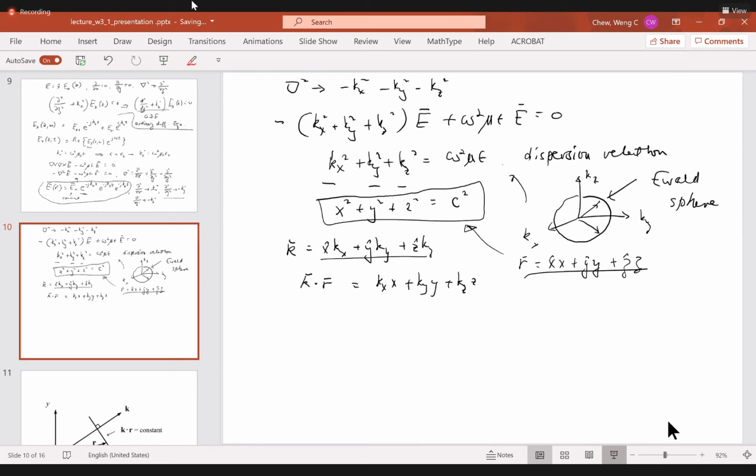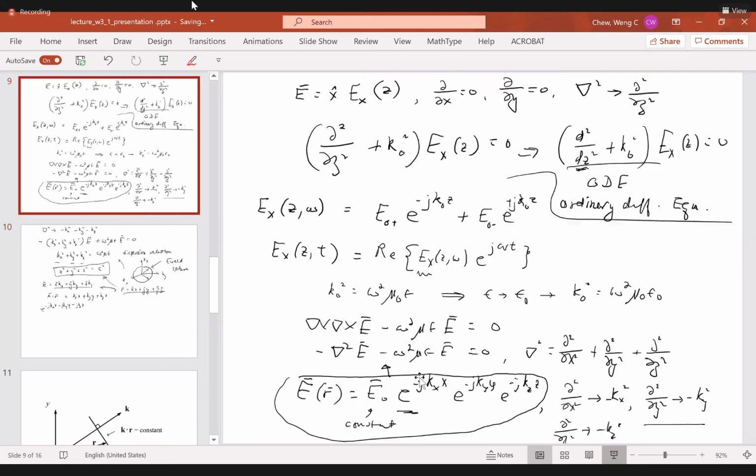So instead of writing it in the long form, like this manner, okay, I write these 3 exponentials into one exponential.